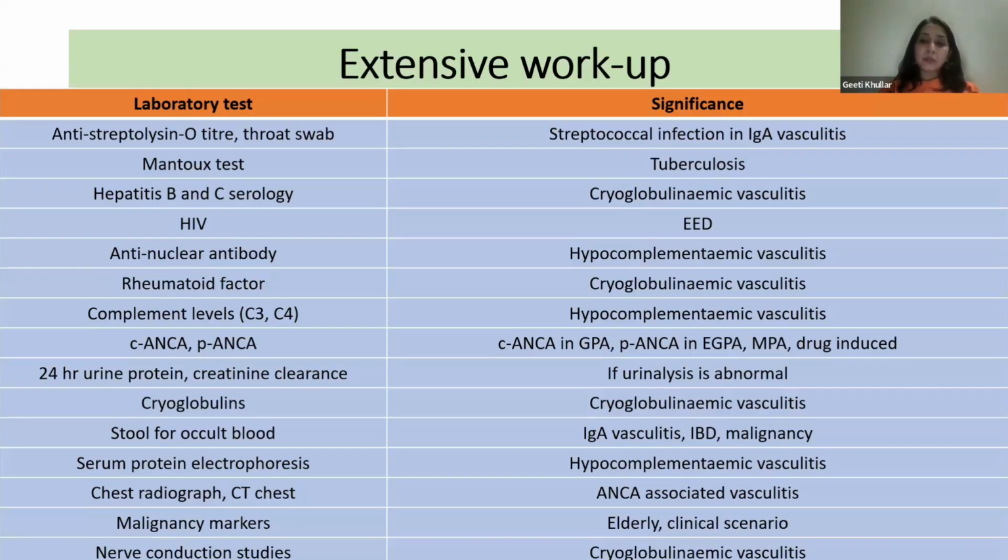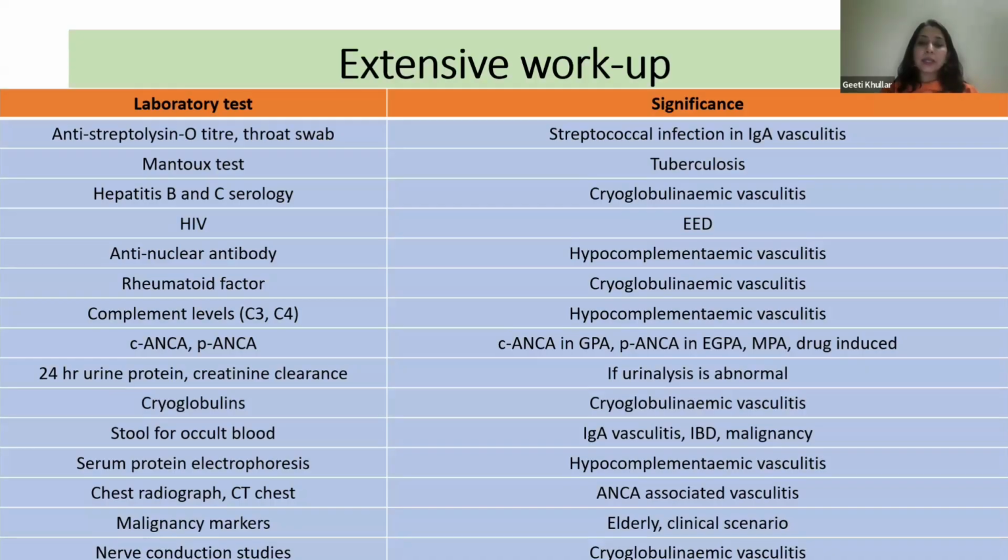An HIV for EED and other vasculitides. ANA is important because if you're thinking of SLE, then you have to go for ANA. Hypocomplementemic vasculitis: a rheumatoid factor for cryoglobulinemic vasculitis, complement levels again for a hypocomplementemic vasculitis.